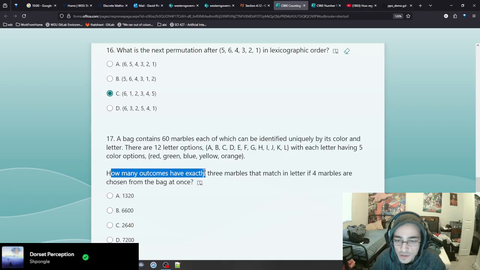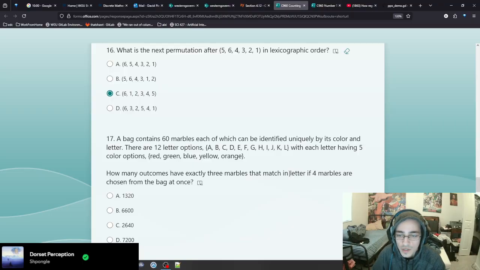And it says how many outcomes have exactly 3 marbles. What? Wait, what? How many outcomes have exactly 3 marbles that match in letter if 4 marbles are chosen from the bag at once?